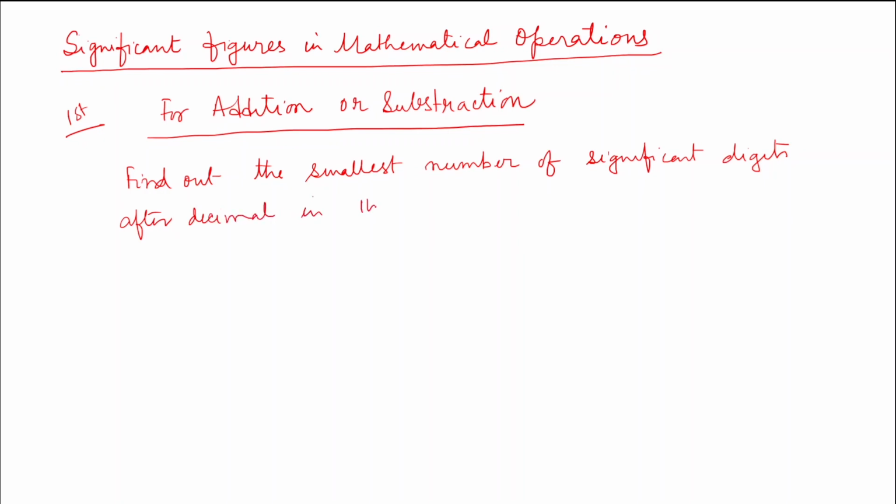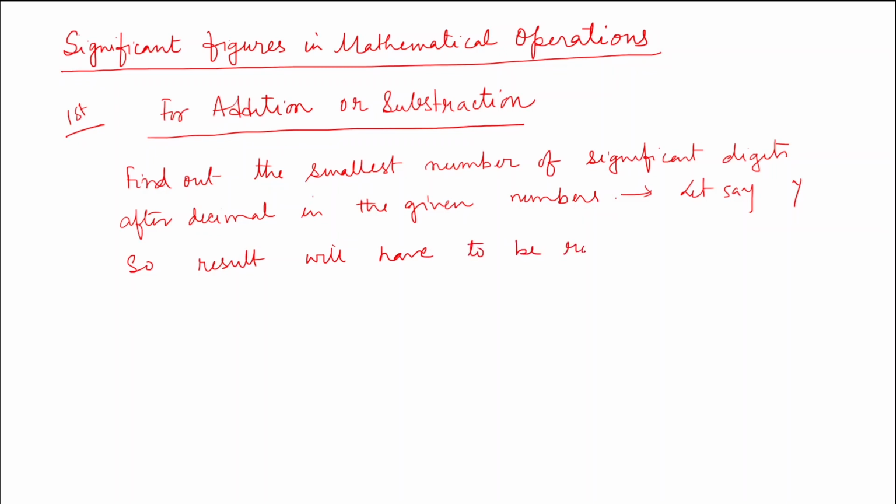Find out the smallest number of significant digits after decimal in given numbers. जो given numbers है, उसमें we have to find out which one has the smallest number of significant digits after decimal. So the result or जो answer होगा, that result will have to be rounded off to the smallest number of decimal places.